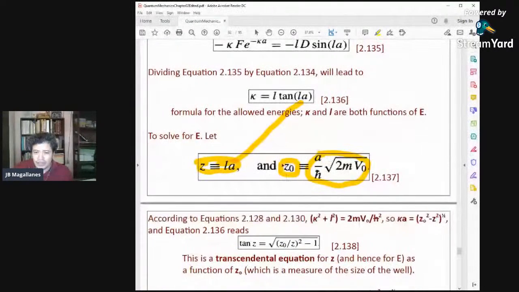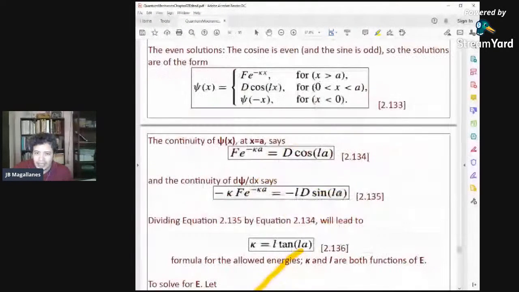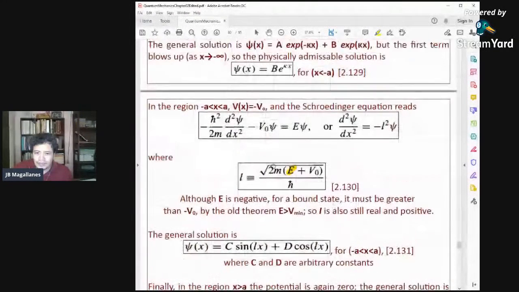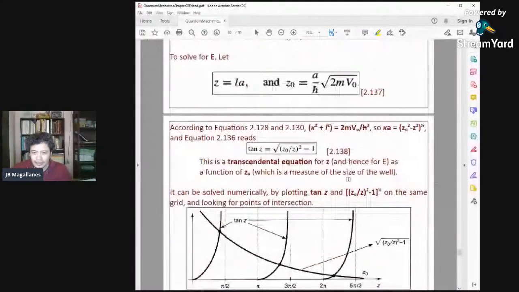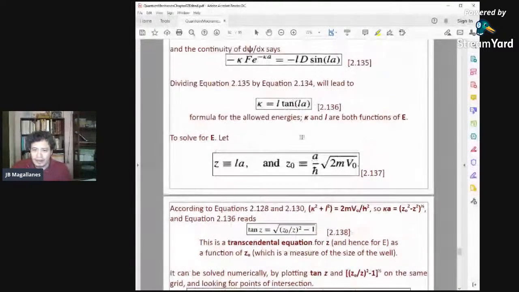But this is 0. If you add E here, that would be L. So anyway, that's the lowest energy. You set these variables.